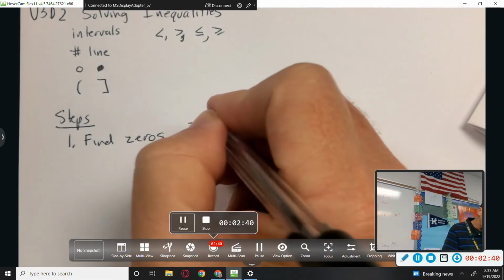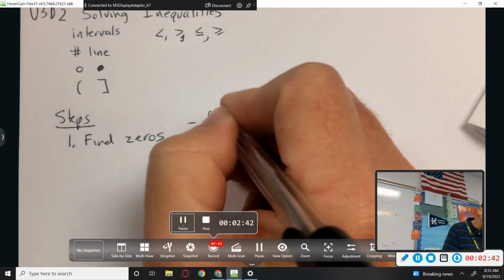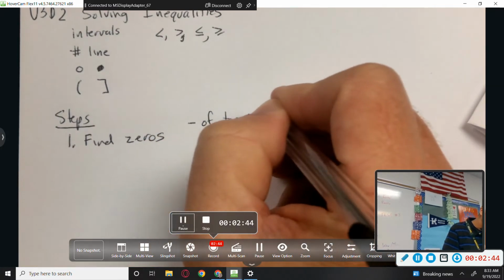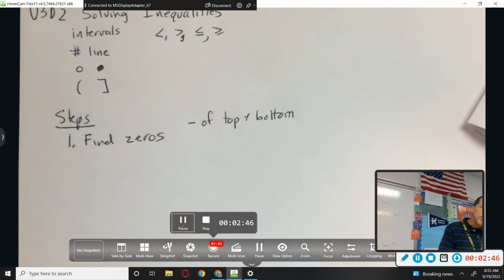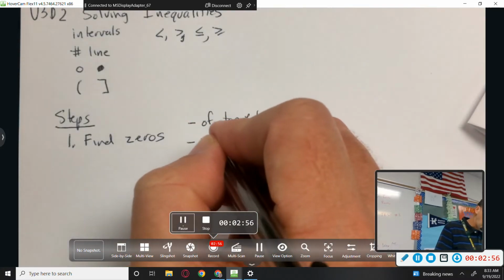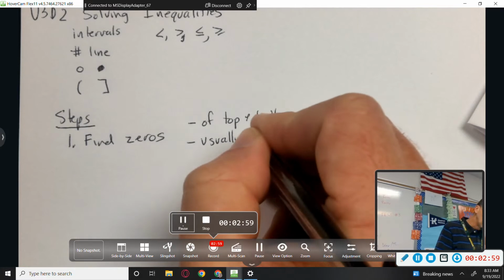Find the zeros of the top and bottom, because we'll have a rational expression. So we'll have a numerator and a denominator. You'll need to find the zeros of both. And you'll find them usually by factoring.